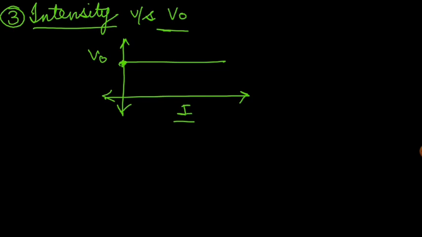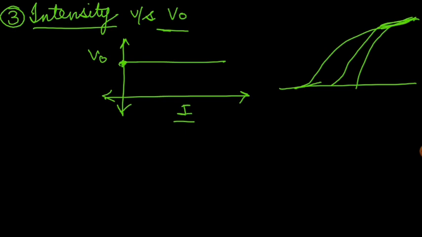But when we talk about the frequency and the stopping potential, there we observed a different type of graph, which we already discussed, and it was just like this. If this was one coordinate, we saw three different frequencies. So this was for frequency and stopping potential, but frequency and intensity have two different values. We already discussed that intensity is directly proportional to frequency.